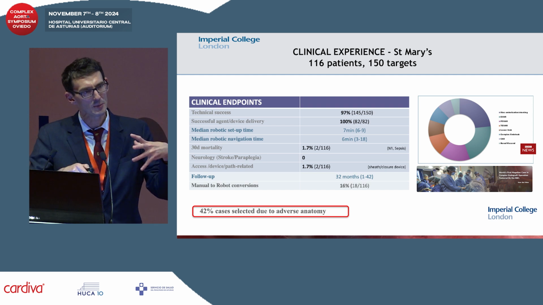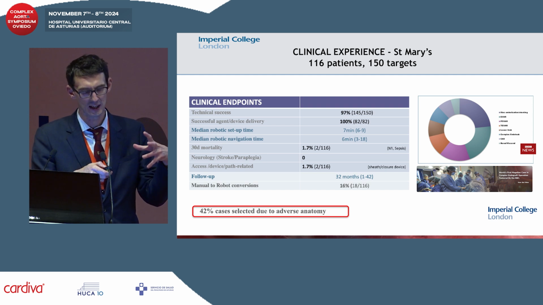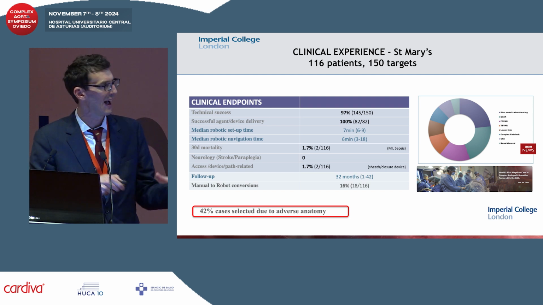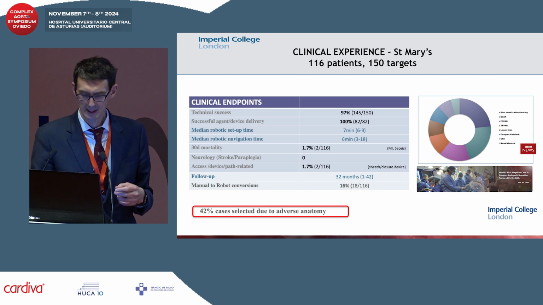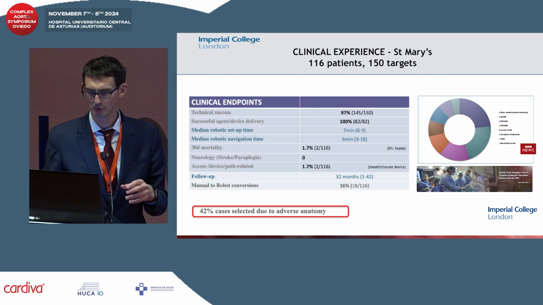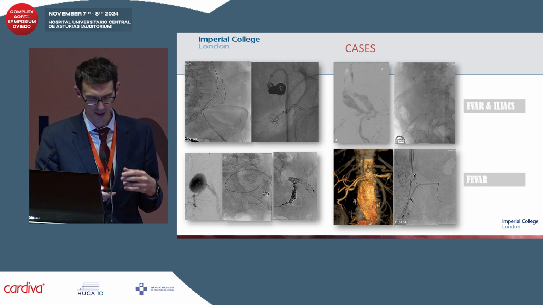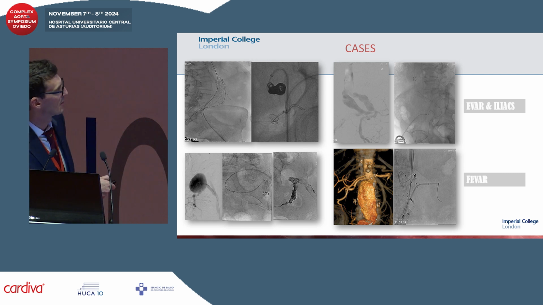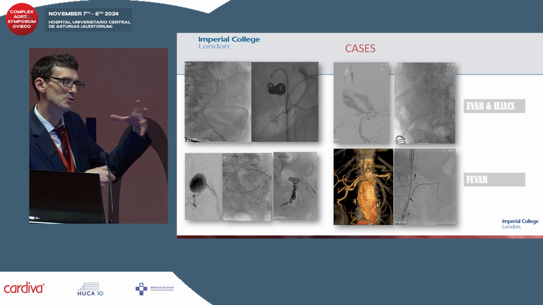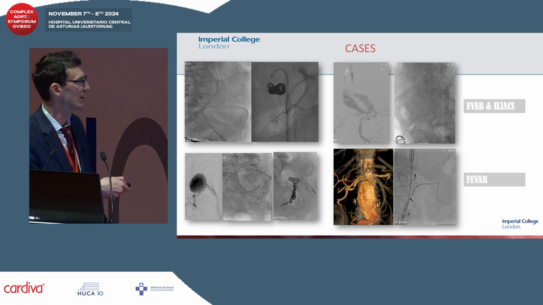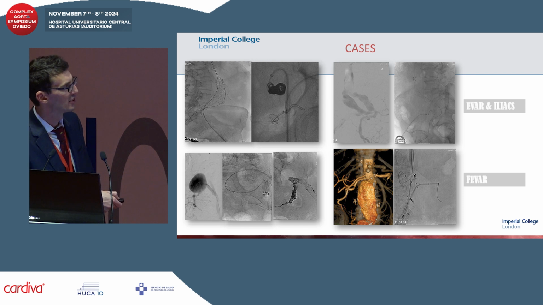And as we got more experience, we started using this robotic catheter when we had that particular adverse anatomy, and it became a very useful tool. We obviously progressed as we got more experience, but these are some of the cases using it to cannulate difficult contralateral limbs, embolize difficult, tortuous internal iliac arteries, and go through fenestrations for FEVAR.